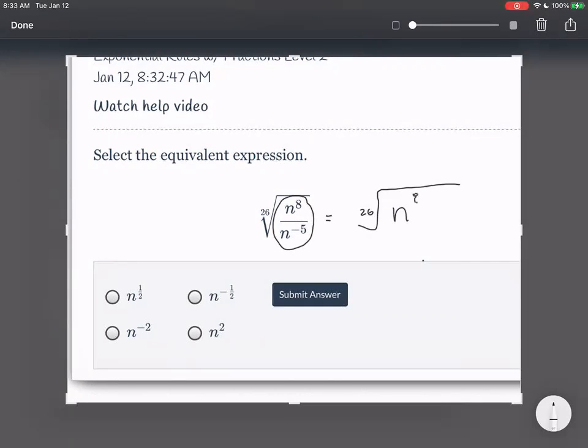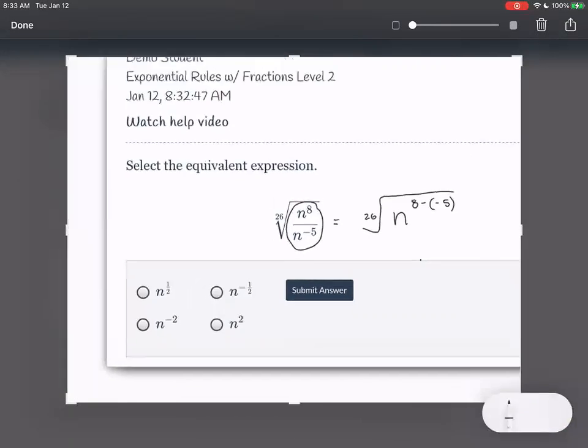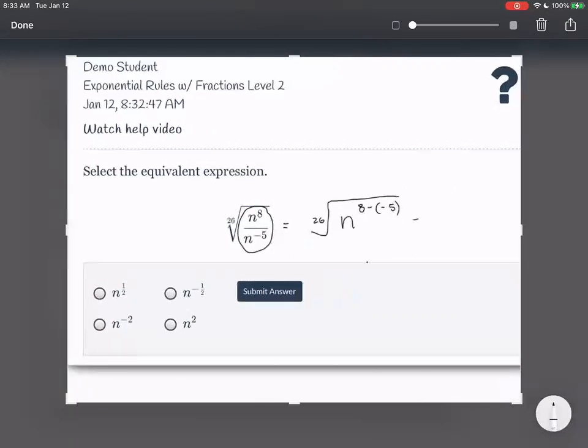So we have 8 minus -5, which equals the 26th root of n to the power of 8 plus 5. When you're subtracting a negative, you're adding the positive. So 8 plus 5 will be 13.